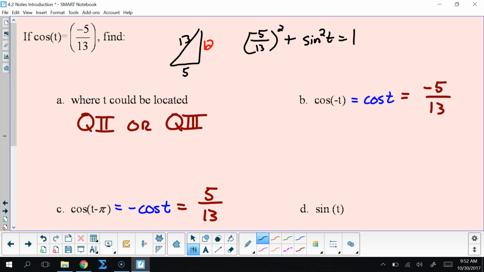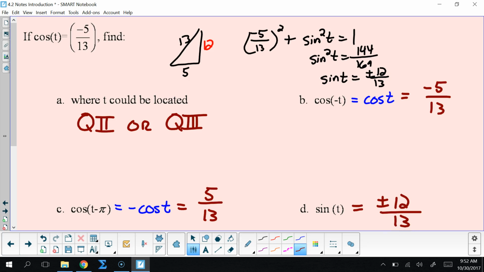So 25/169 plus something equals 169/169. So sine squared of t is going to equal 144 over 169. So then the sine of t is going to be plus or minus 12/13. So that one here is plus or minus 12/13.